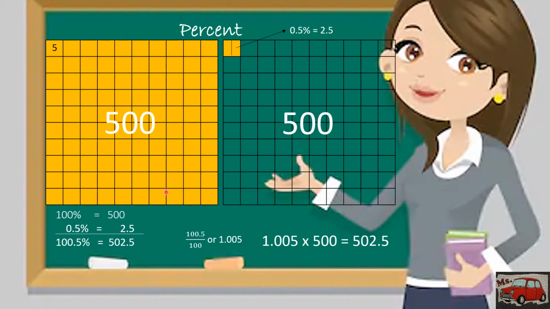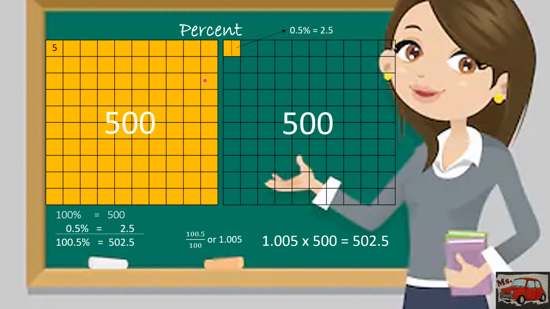Okay. So, again, we again have a whole. So, that means we already have 100%. Alright? And, in this case, one box I divided in half. So, that means it's not 1%. That is only 0.5%. Because 1% was divided, so that is 0.5%. So, if I divided its percent, that means I should also just divide its value. So, that is 2.5. Because 1% is 5 pesos.